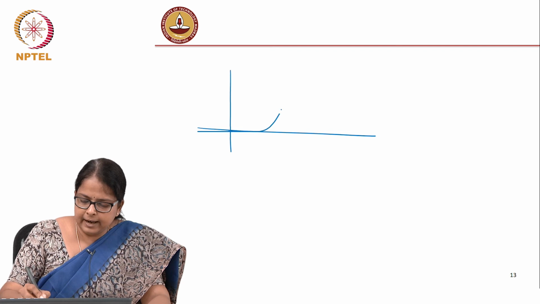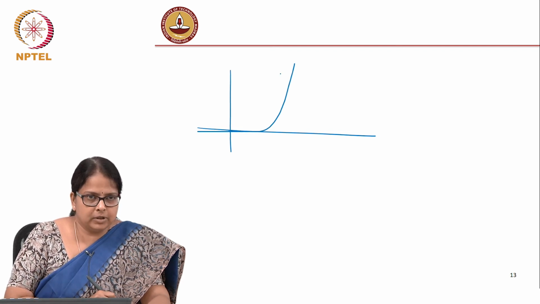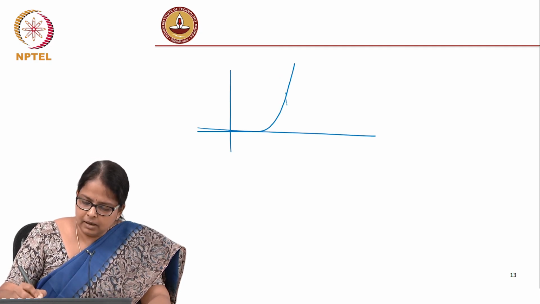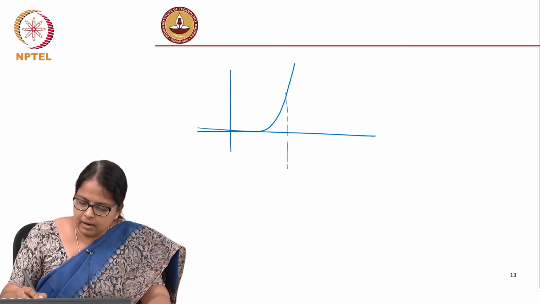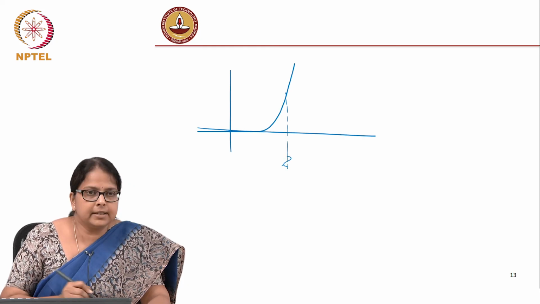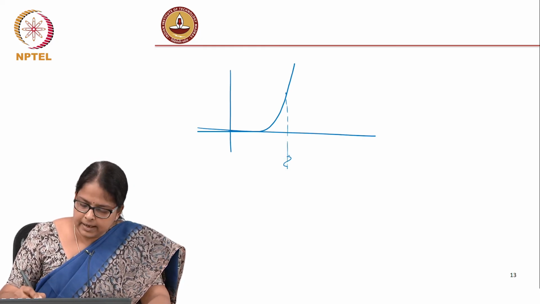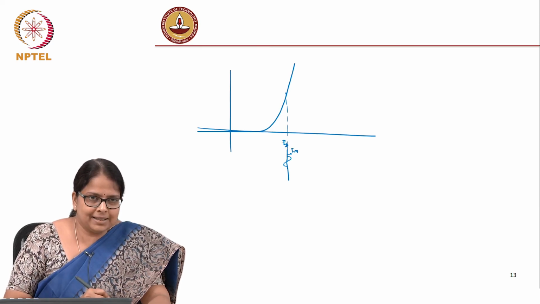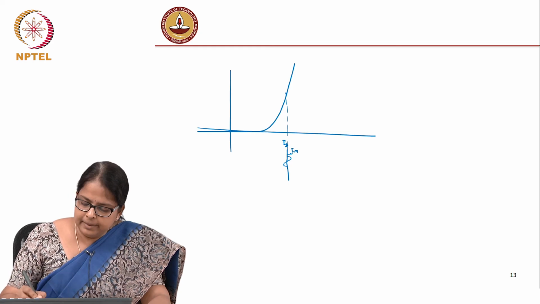So, let me explain this. Let us say I have a laser whose characteristic is like this. I have a bias, I have a current. So, let us say IM is my peak value and IB is my bias current. The IM to IB ratio tells me the modulation depth. This is one case where the IM to IB ratio is small.